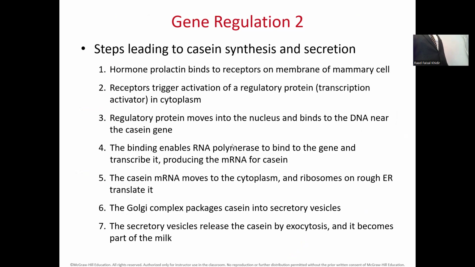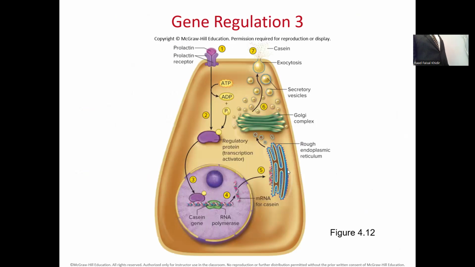The binding enables RNA polymerase to bind the casein gene, transcribing it and giving you casein mRNA. Then the casein mRNA goes to the cytoplasm and to ribosomes on the rough endoplasmic reticulum. That means it's going to be exported out. The Golgi complex packages it, and a secretory vesicle releases the casein by exocytosis, and it becomes part of milk.